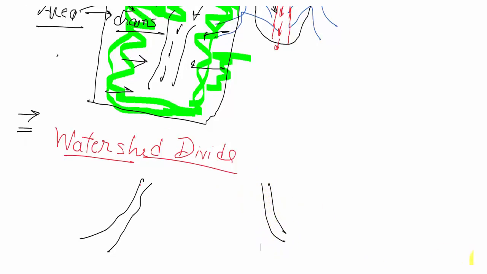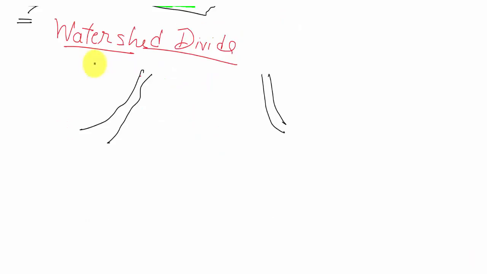This line is our watershed divide. If rainfall falls here, it will go and meet this river. If rainfall comes here, it will go and meet this river. So this line is called the watershed divide. It will divide two catchment areas.